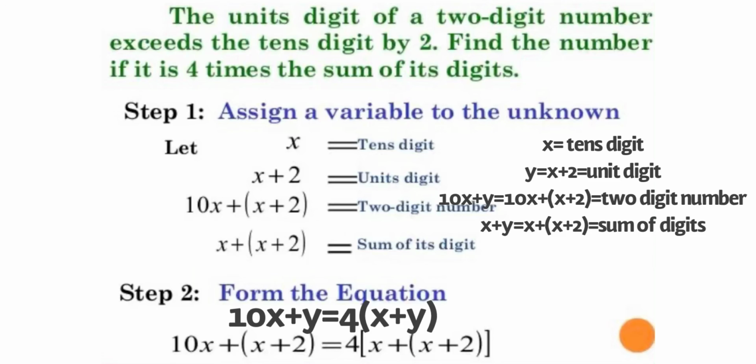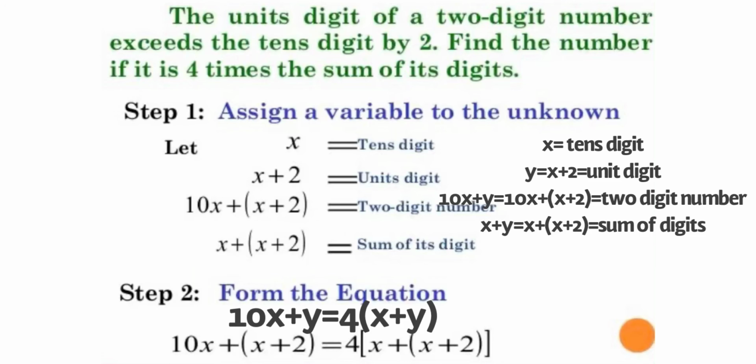Now we know that a 2-digit number can be represented as 10x plus y, that is 10x plus x plus 2, and the sum of the digits is x plus y, that is x plus x plus 2. Now it is given that the number is 4 times the sum of its digits.